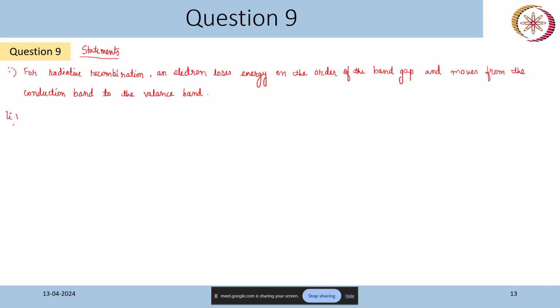The next statement is, for optical generation. So this question is basically on excess carriers. For optical generation, an electron moves from the valence band to the conduction band.